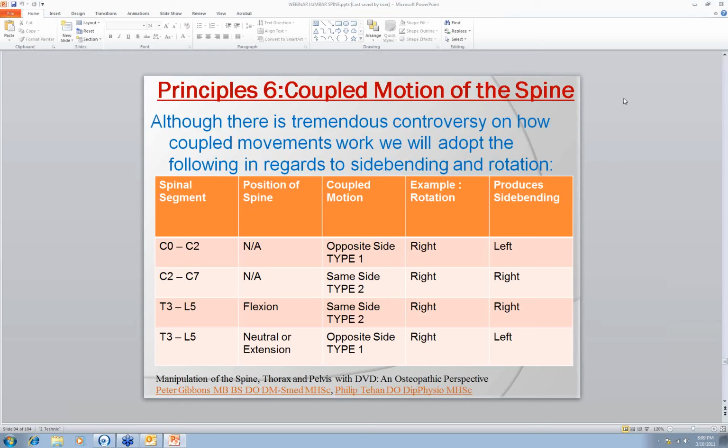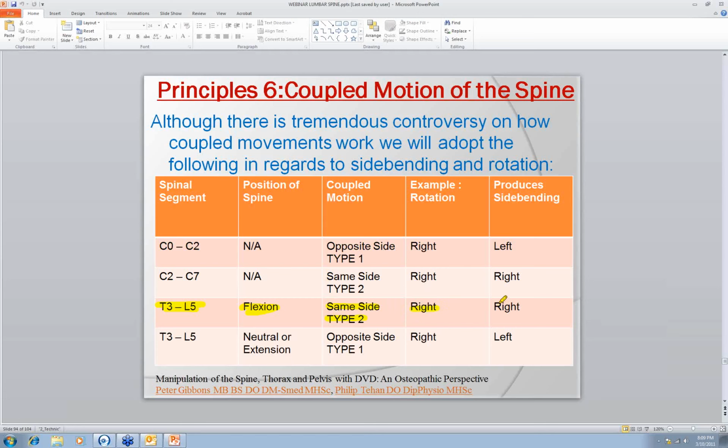So what this table tells you is the following: for the segments from T3 to L5, if you position the spine in a flexion position, then the coupled motion is a type 2 motion, meaning a motion on the same side.